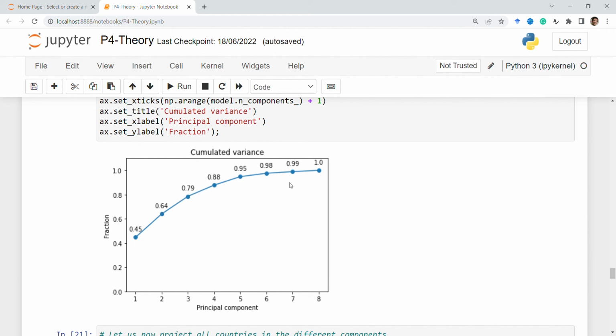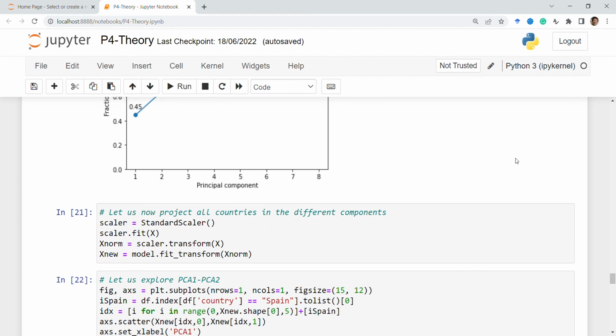Typically you take a threshold, depending on the application, somewhere between 0.8 and 0.95. If you want to keep a lot of information, you keep 0.95, and the last three you would remove because they are simply sources of noise. In other applications, you may stop at 0.8, and then here you may stop at the third component, and you wouldn't interpret the last ones.